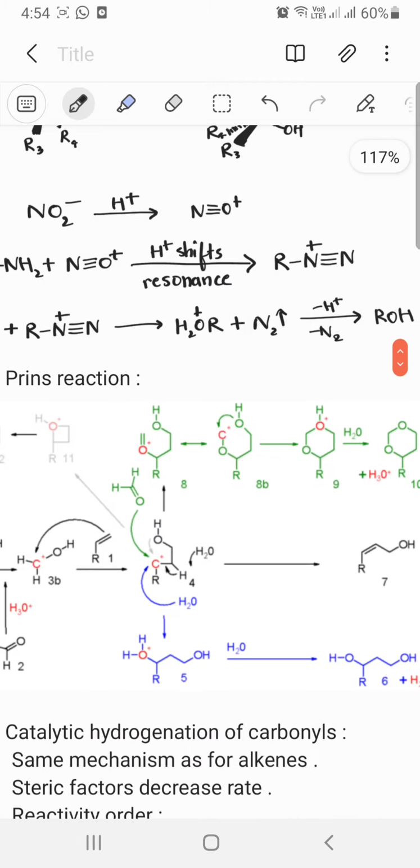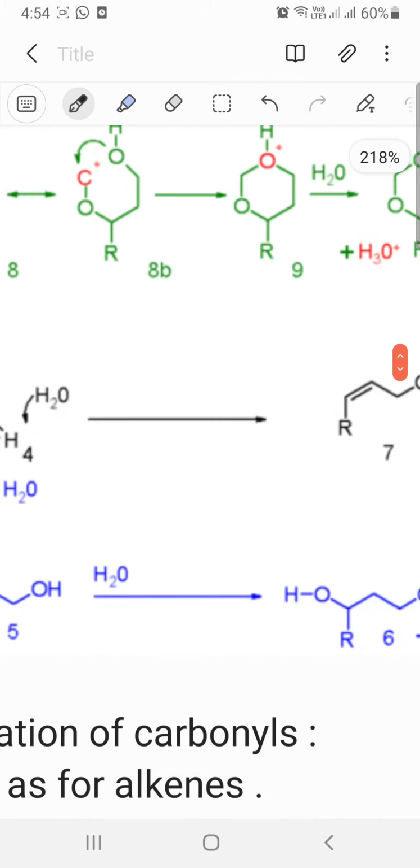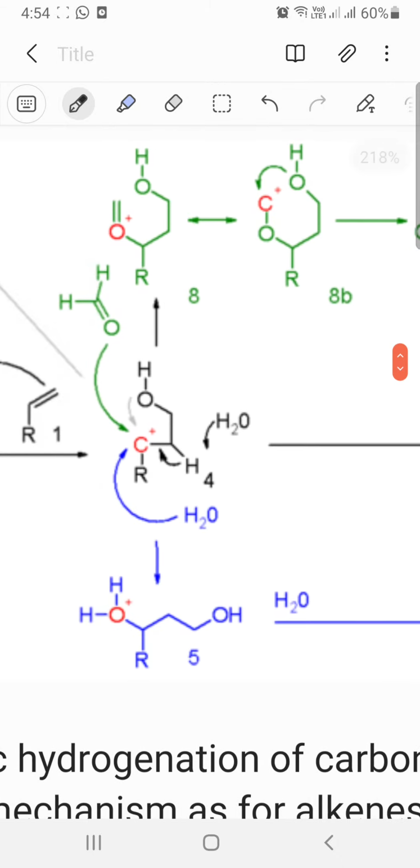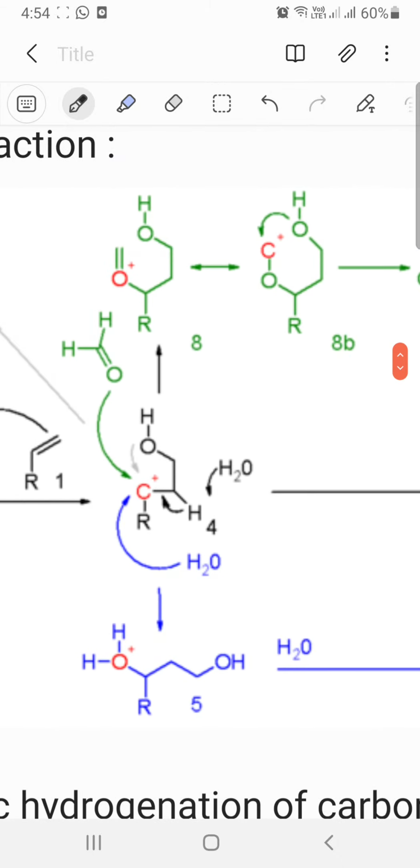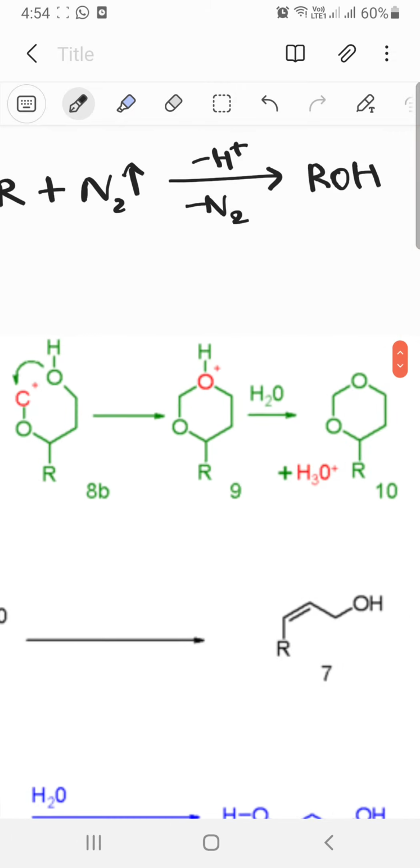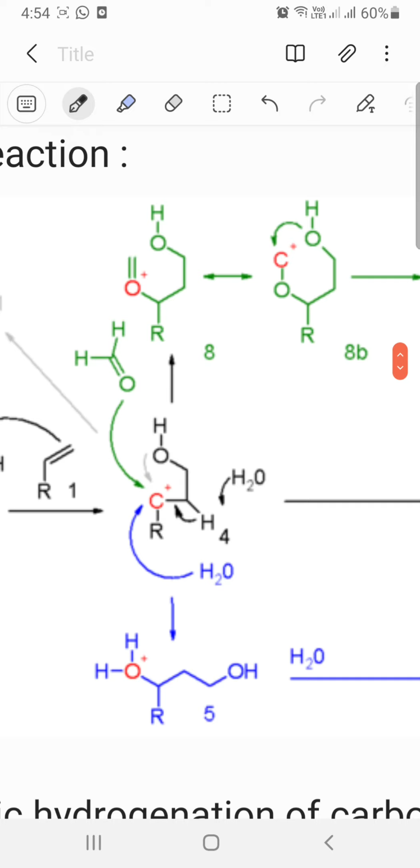And then there are like 3 pathways. One pathway just leads to this, where you just lose this H plus. So it's like an E1 mechanism, and you just get this product. Okay, that's something that could happen. What else could happen?